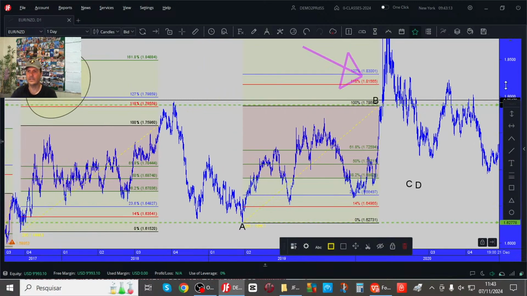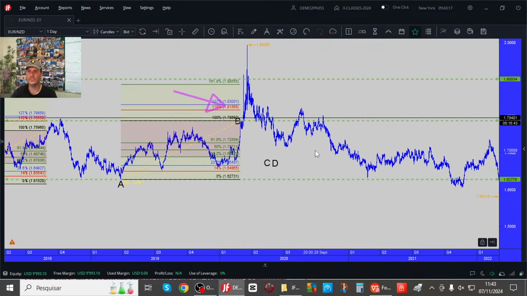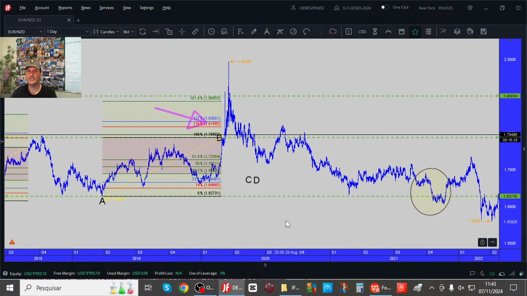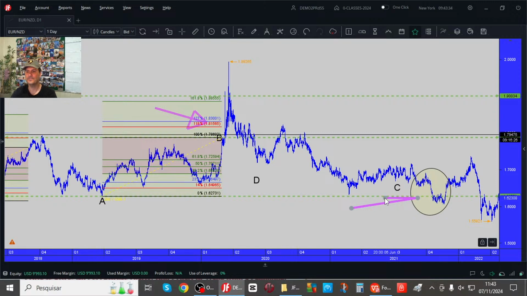ABCD. As you can see, the market again is going to stop us out, right? Can you see it, everybody? This was the C, this was the C, and bam, down in here, the market is going to stop us out, alright?